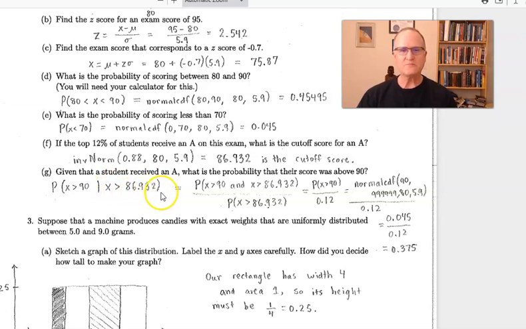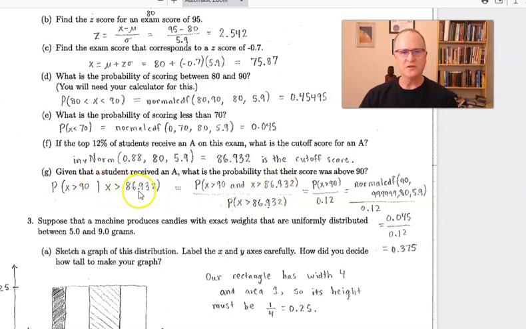86.932? All right, so from our earlier definition of conditional probability, when you have a conditional like this, you AND the two pieces. So you're going to have the probability that a student got a score greater than 90 and the probability that the student got a score greater than 86.932, divided by whatever comes after the given bar.